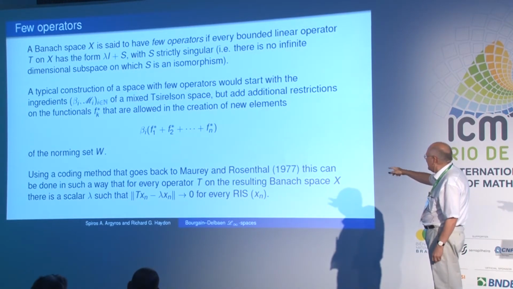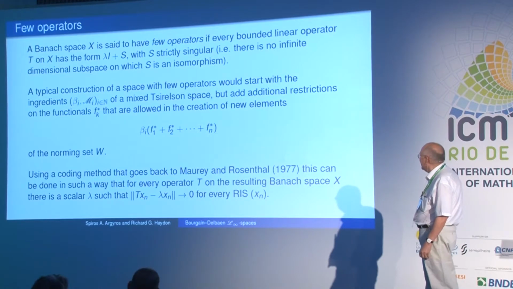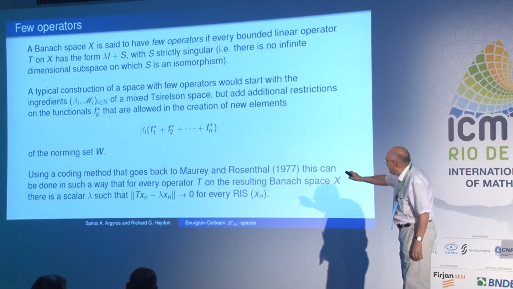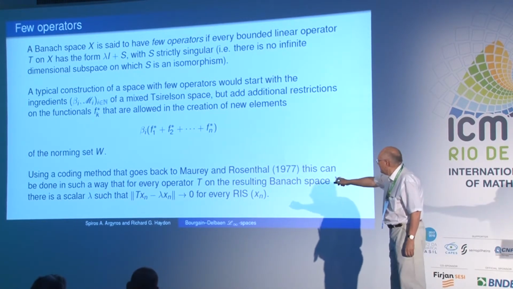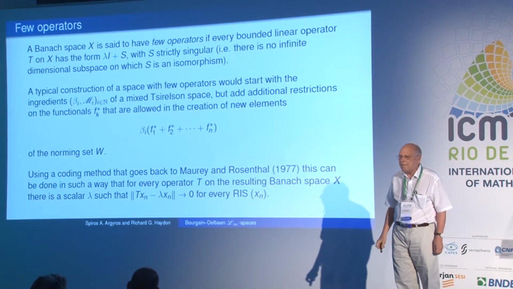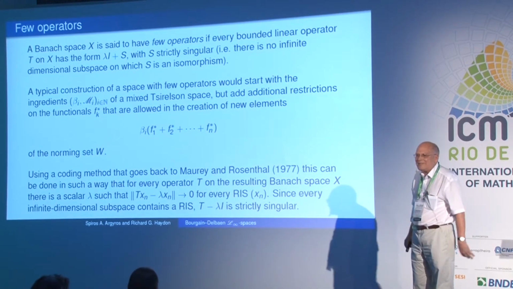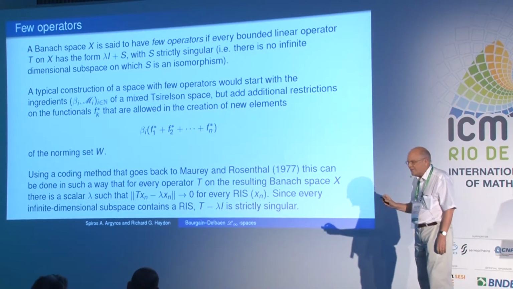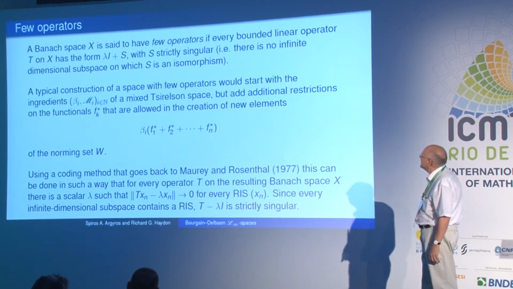Using a coding method which you can trace back to 77, you can do this in such a way that for every operator T on the resulting space and for every RIS, the norm of T x_n minus λ x_n tends to 0. But every subspace contains a RIS, so there's no subspace on which the operator is an isomorphism.